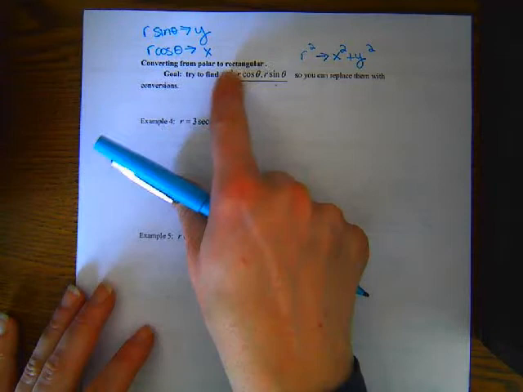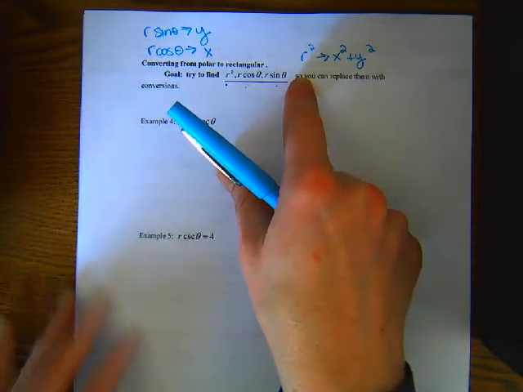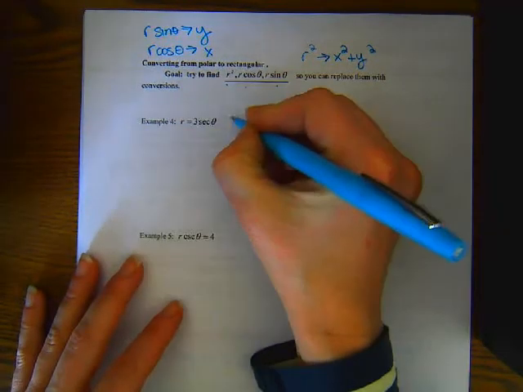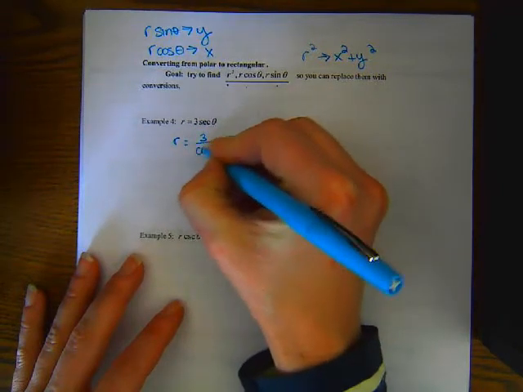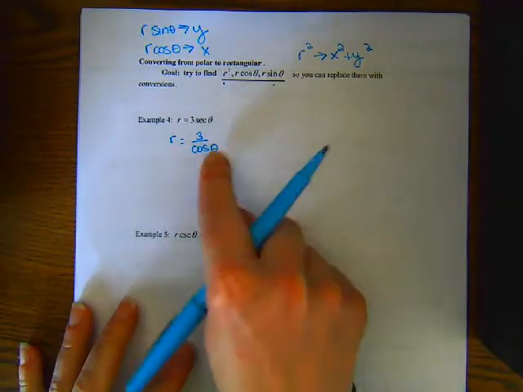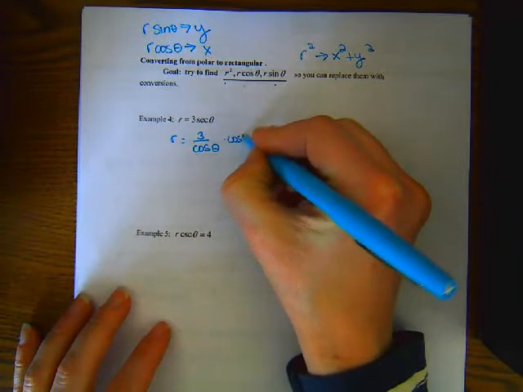The first example, what you notice is that I have an r, but I do not have these things. Okay, and so what I'm going to do is first write this as r equals 3 divided by cosine of theta, because secant is 1 over cosine.